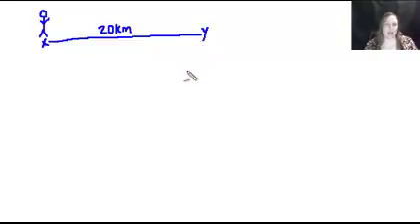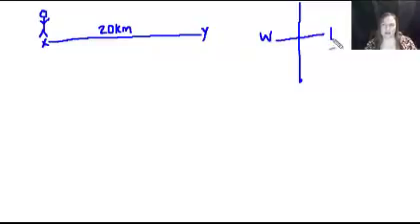All right. And let me just do a little compass here so that we know our directions. All right, so there's our little compass rose. So you're going to travel east from point X, 20 kilometers to Y, all right?